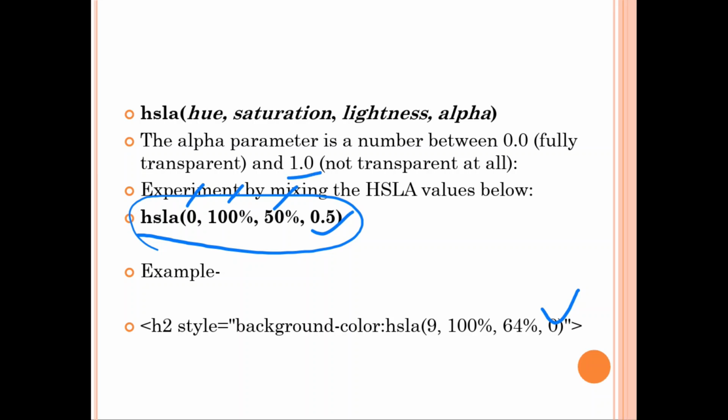Or if you want no transparency, you can leave it out and use only the HSL value. Is this clear? So this is all for this lecture. Prepare your good quality notes and be in learning mode always.